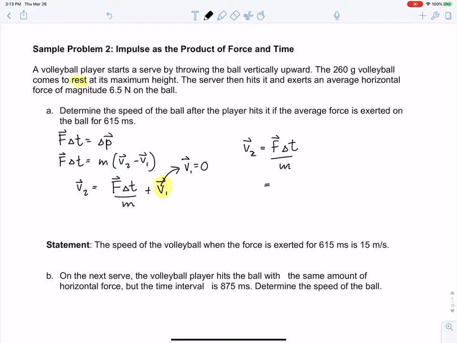We know the force is 6.5 newtons. We know the time of impact is 0.615 seconds. Just an aside, 615 milliseconds is equal to 0.615 seconds, and I got that by dividing by 1,000.